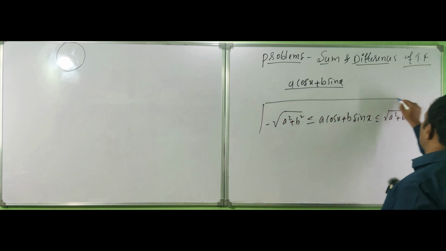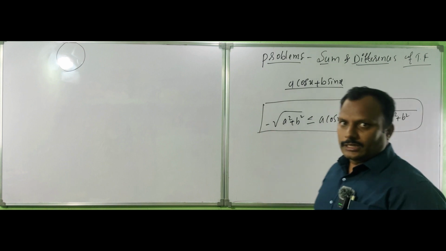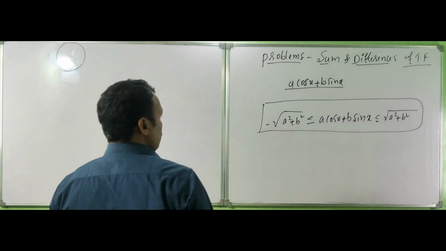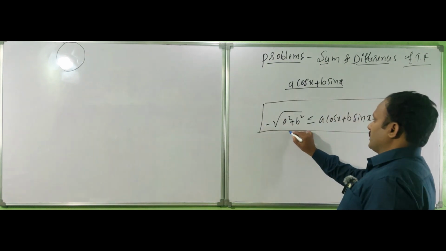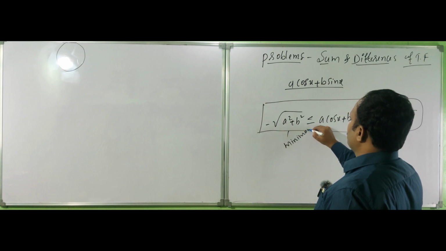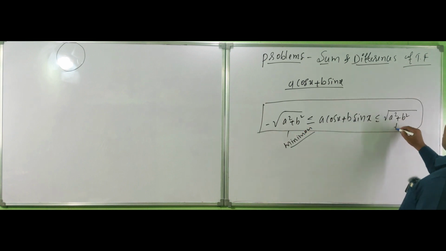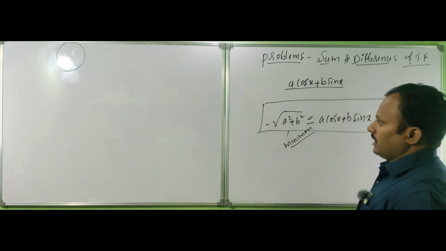The formula is there; I already did the derivation in the previous class. This is called the minimum value, the lowest value, and this is called the maximum value. It depends on the constants a and b.